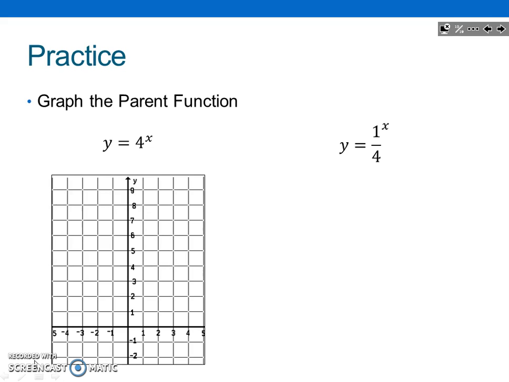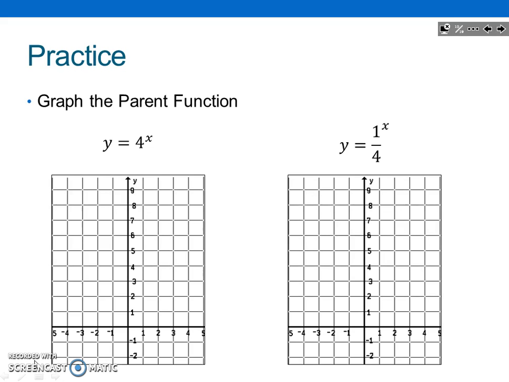If I look at my next page here, I've got y equals 4 to the x power. First step, draw a table. -1, 0, and 1. My base for this function is 4. When I'm filling out my table, 0 always goes with 1, so I can start with that. 1 goes with my base, which is 4. -1 goes with the reciprocal of the base.